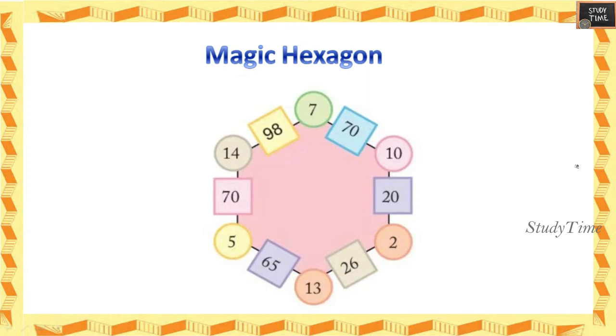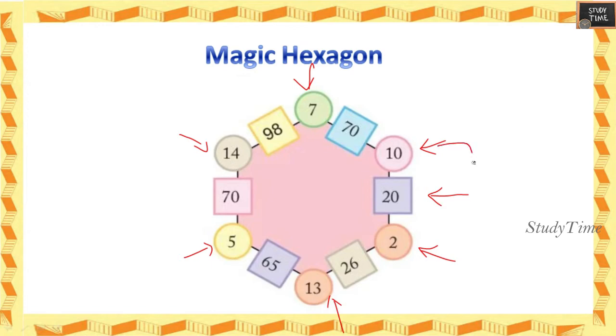Next, this is a magic hexagon. So here a hexagon is formed with squares and circles. This is the side and corner of the hexagon. And in the middle you can see a square. How do you get the square?